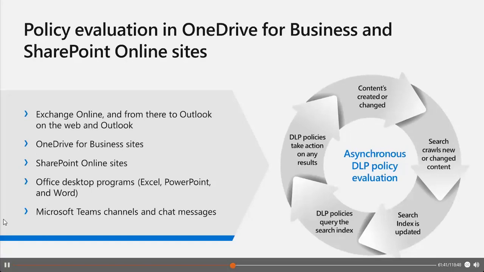Basically, the DLP policy evaluation in Office is designed not to affect the performance of the programs or the productivity of people working on the content itself. If they're working on a really large document or the user's computer is busy, it may take a few seconds for a policy tip to appear.